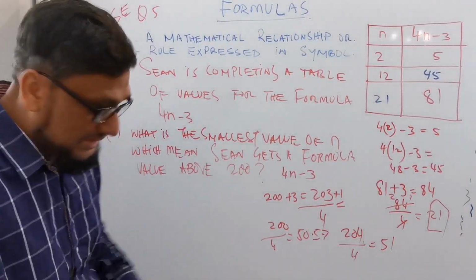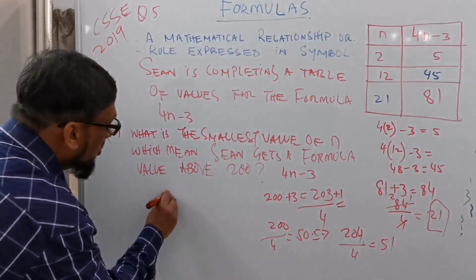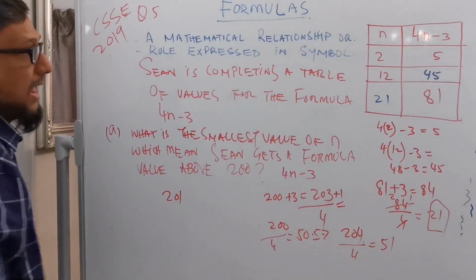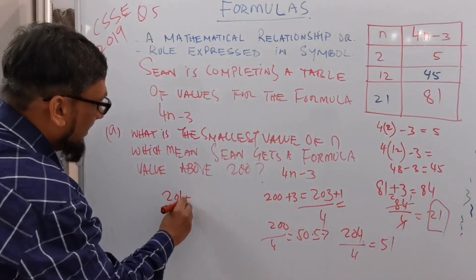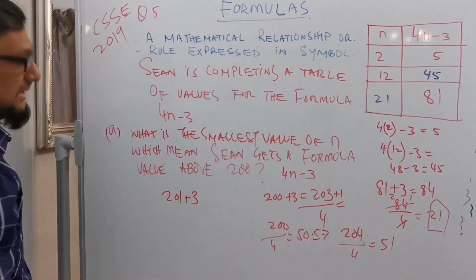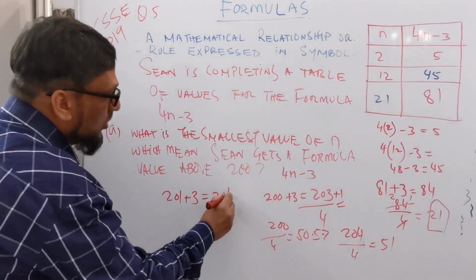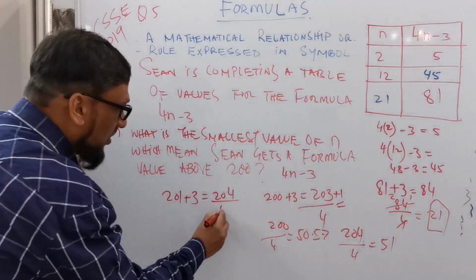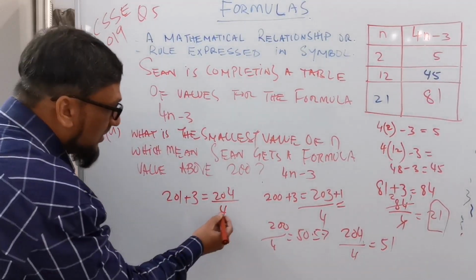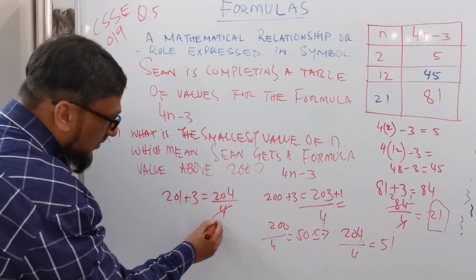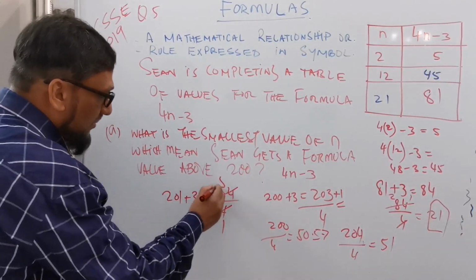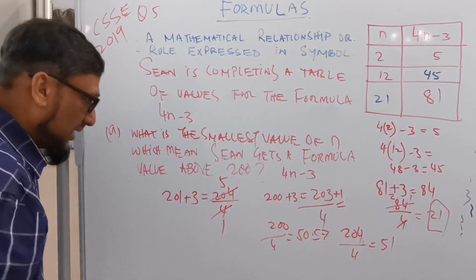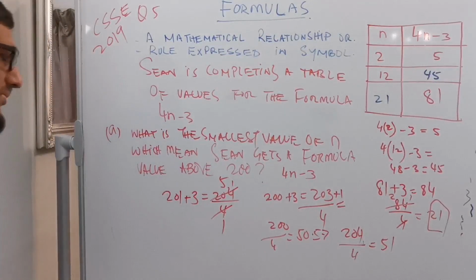Now what I did, I put 201 and added back 3, which is 204, and you need to divide by 4. So 4 times 1 is 4, and 4 times 50 is 200, so it's 51.